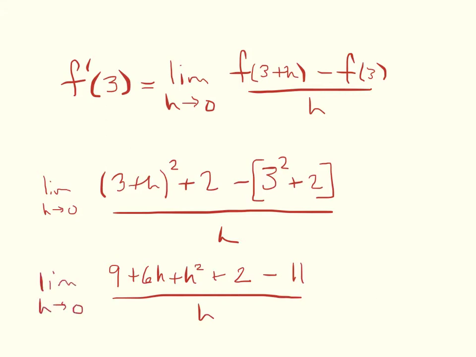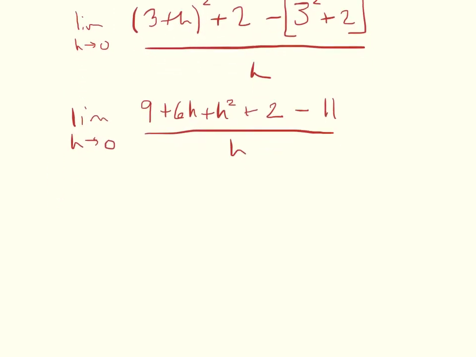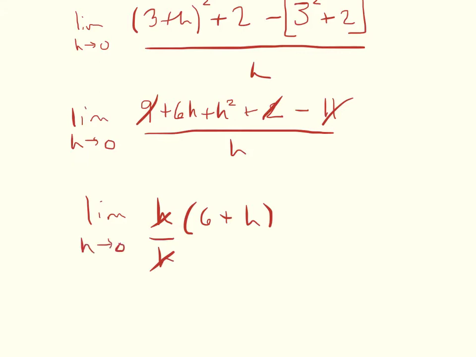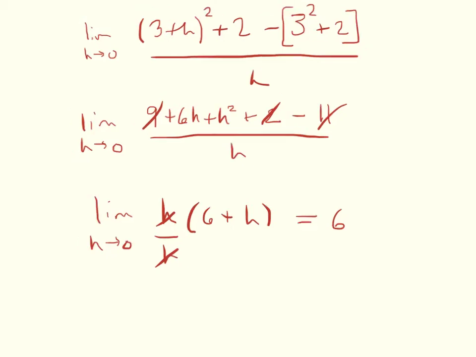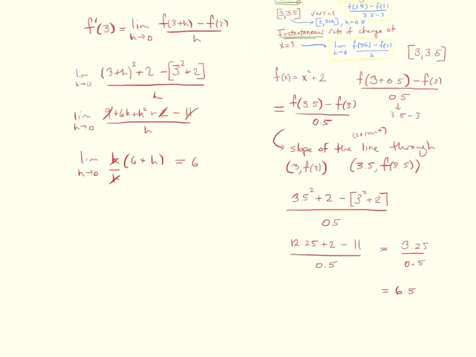Of course, we're still writing the limit. 9, 2, and 11 cancel out. And I can factor an h out of 6h plus h squared. Now I'm ready to plug in h equals 0, and I actually get 6. Great.